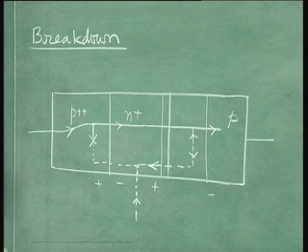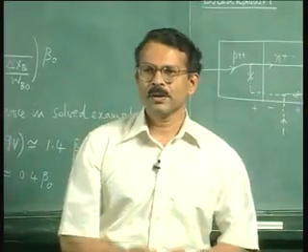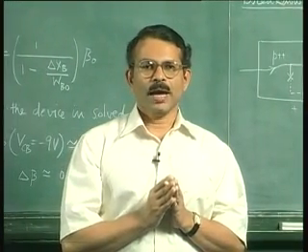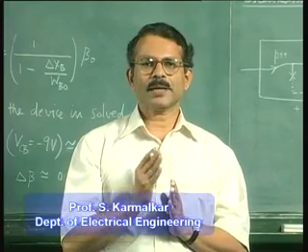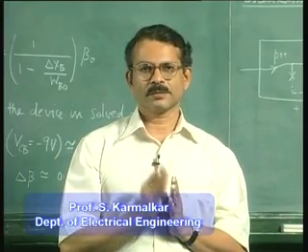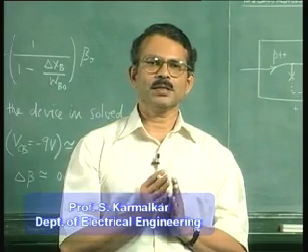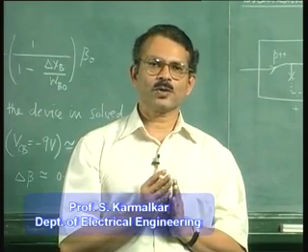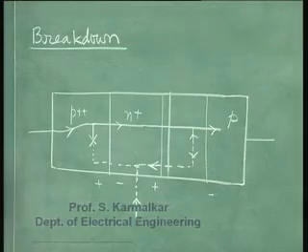Now, we know from the p-n junction theory that as you go on increasing the reverse bias across a junction, impact ionization within the depletion layer sets in. And because of the impact ionization, the reverse current that is flowing through the depletion layer starts getting multiplied. So this now we will show here as follows.